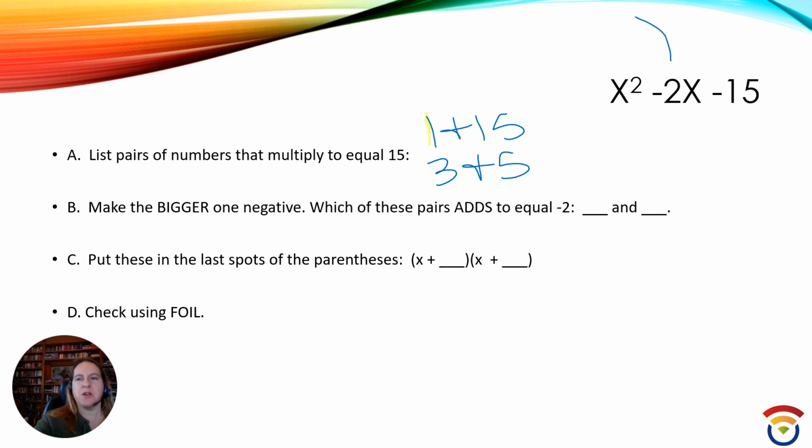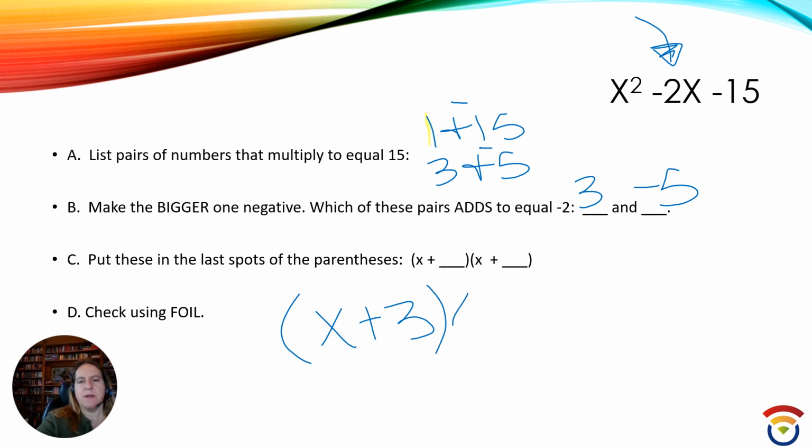Now for my middle term, I'm looking for things that add together to equal negative 2. So I want to make my bigger term negative, since I'm looking for a negative, and I want to see which pair adds to equal negative 2. Well, 3 and negative 5 equals negative 2. I'm going to put those in the last spots of the parentheses. So my factored form is x plus 3 times x plus negative 5.